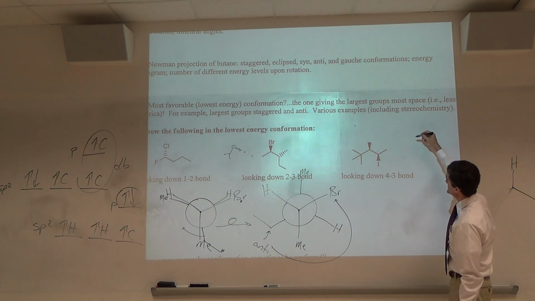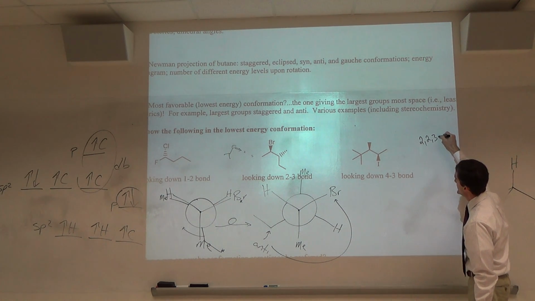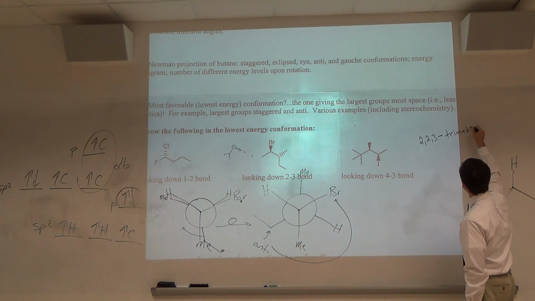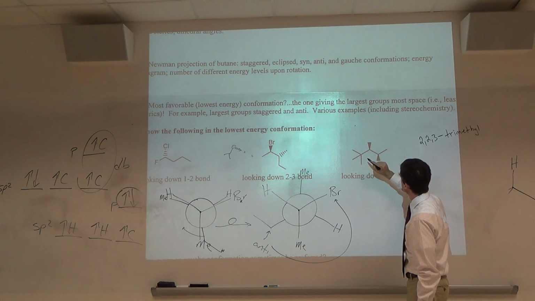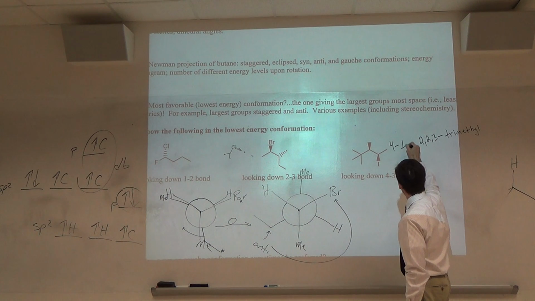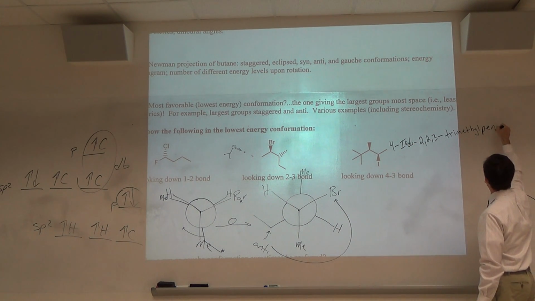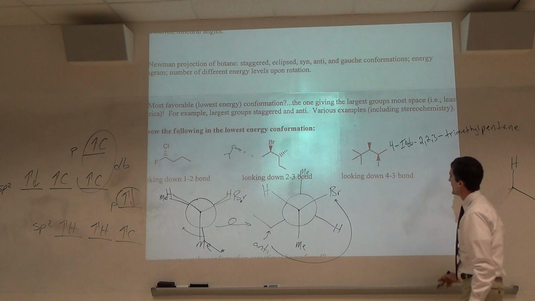I think the name of this compound is 2,2,3 trimethyl. Iodo comes first. Does that look right? 4-iodo, 2,2,3 trimethylpentane.